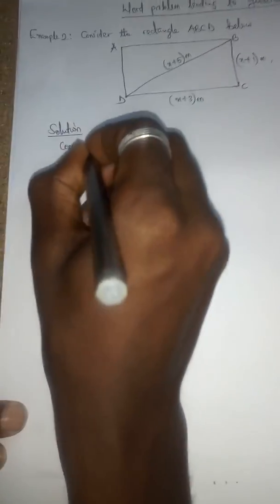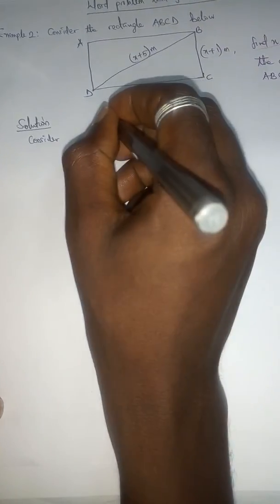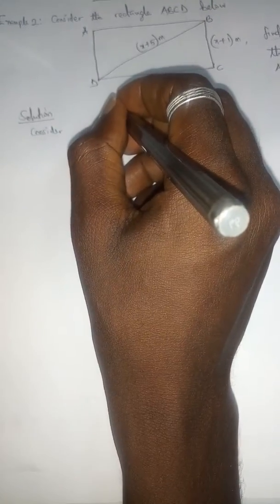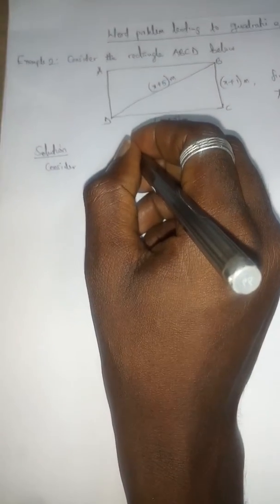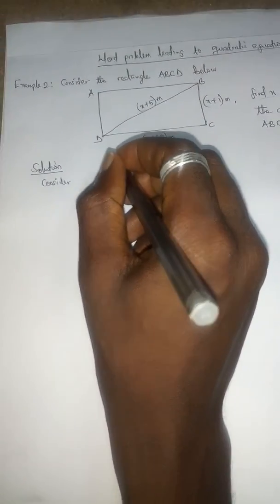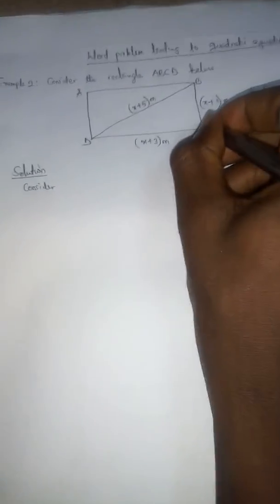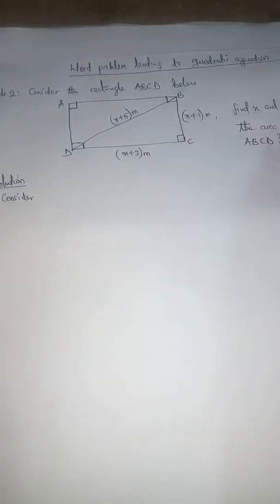Like I've said earlier, we have two components, the triangles ABD and BCD. For every rectangle, this is a right angle, this is also a right angle, and what we mean by right angle is angle 90.